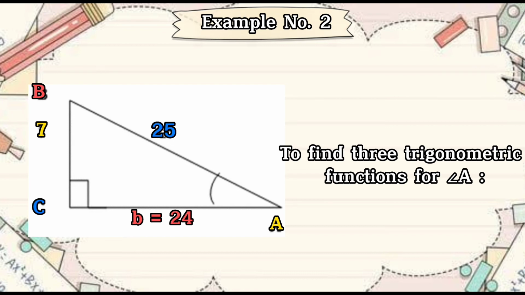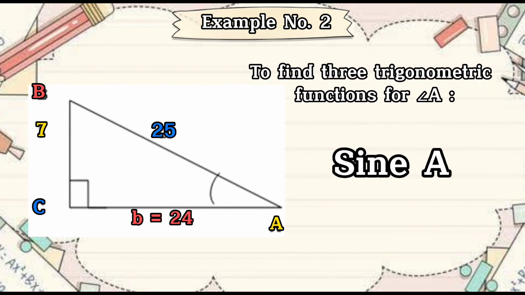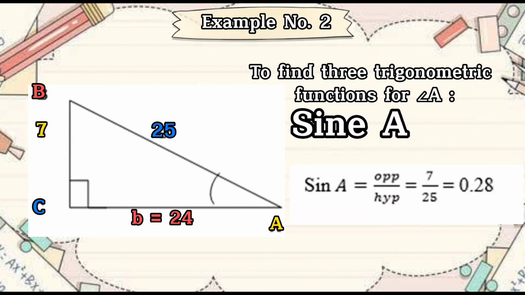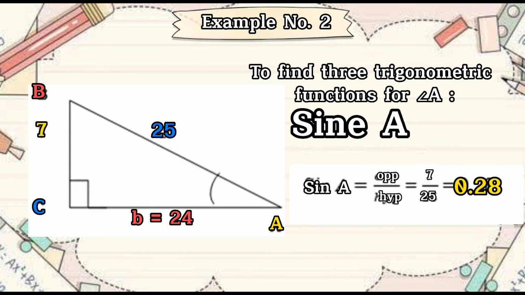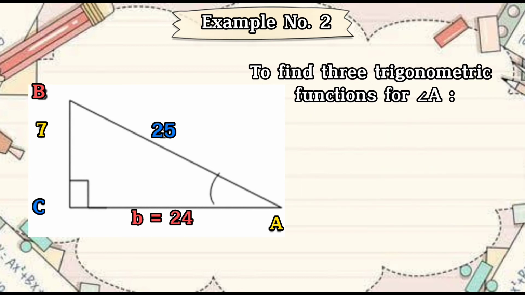Okay, to get the value for sine A, let us use the formula for sine, which is opposite over hypotenuse. At yung opposite value natin sa triangle ay 7, while the hypotenuse is 25. So, 7 over 25 is equal to 0.28. Therefore, sine A is equal to 0.28.